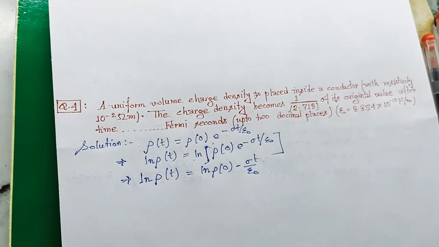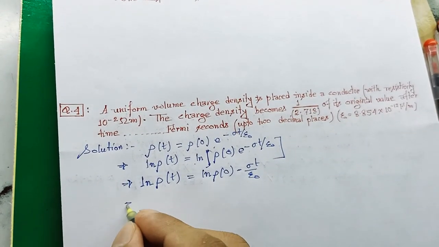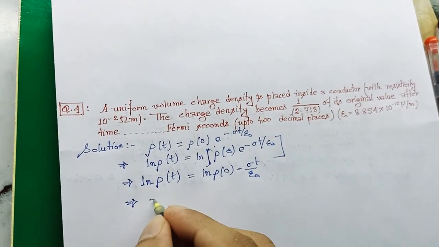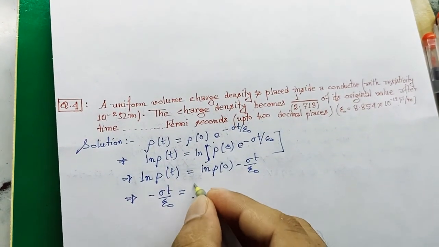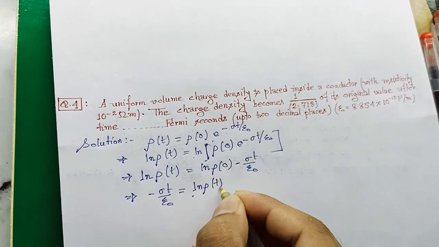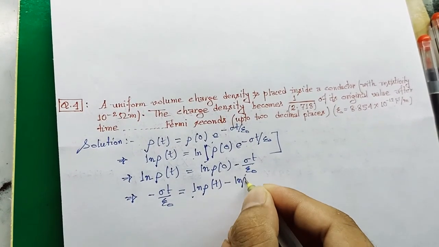So from this equation we can write minus sigma t divided by epsilon naught is equal to log rho of t minus log rho of 0.